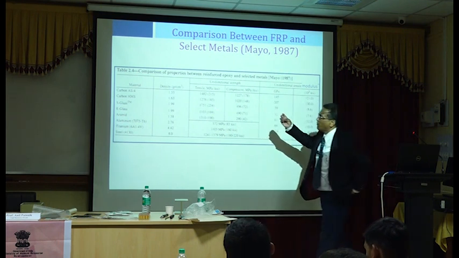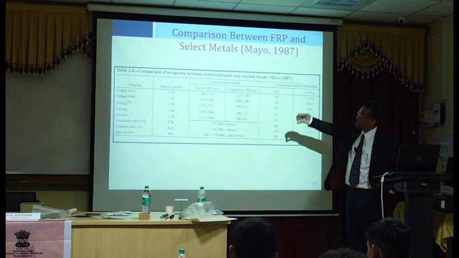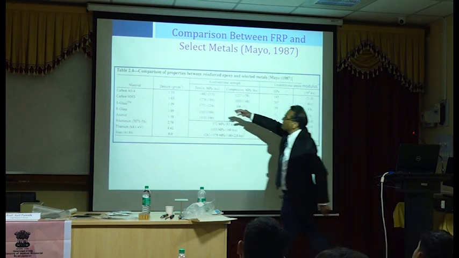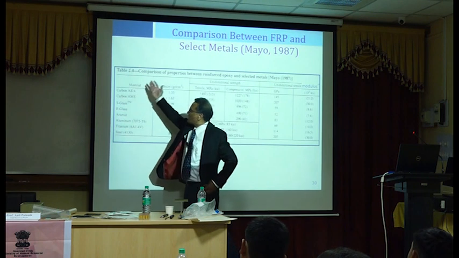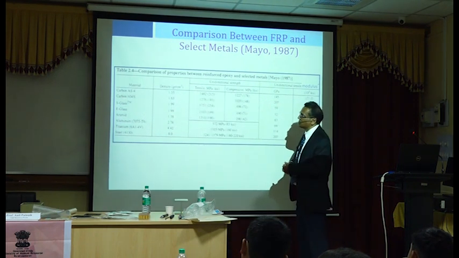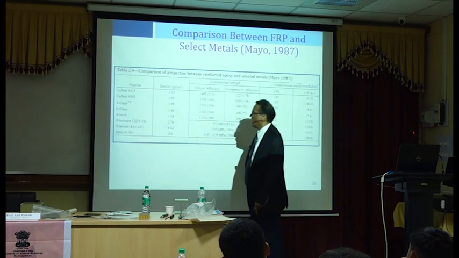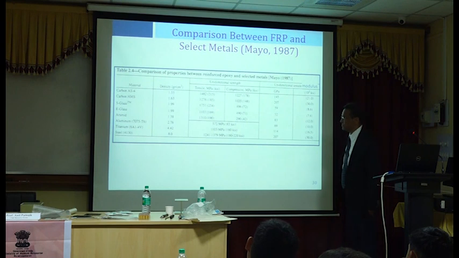Okay. So just to get a feel for numbers, remember it's easier to remember relative numbers. Here we have carbon AS4, carbon HMS, S-glass, all these are composites. We have aluminum, titanium, and steel.